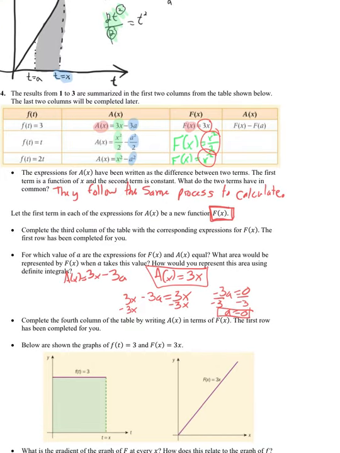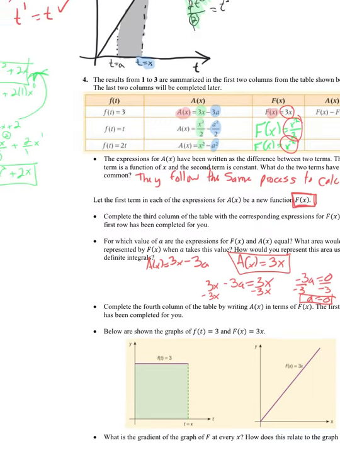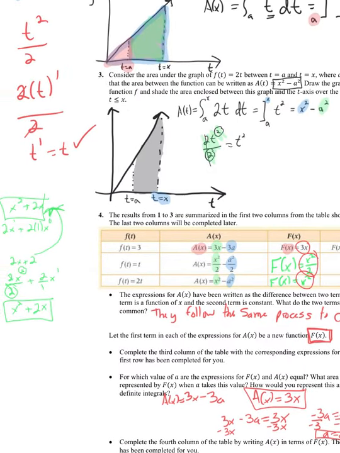Now what area would be represented by f of x when a takes this value? Like I said, if you're doing the area of just the first part, you're doing the area all the way back to the axes.